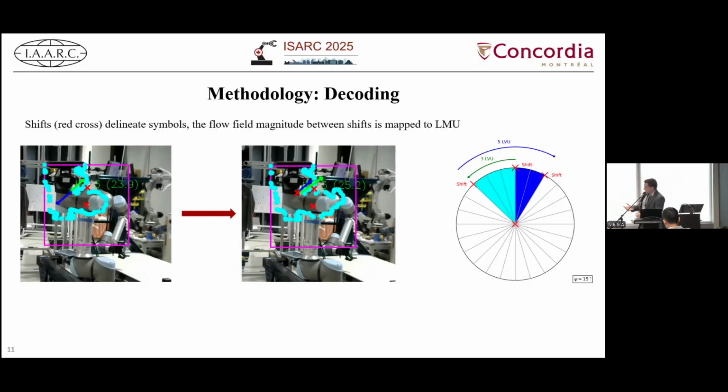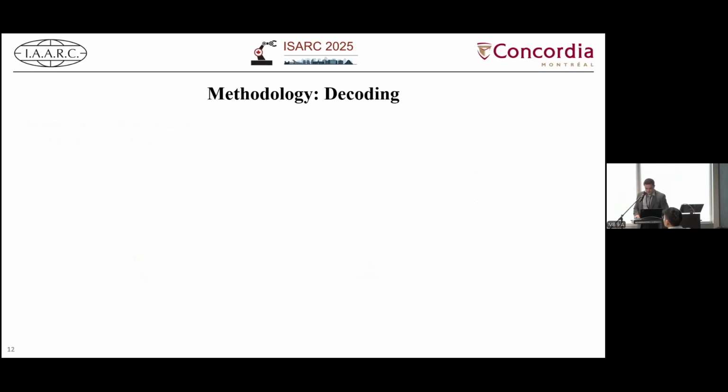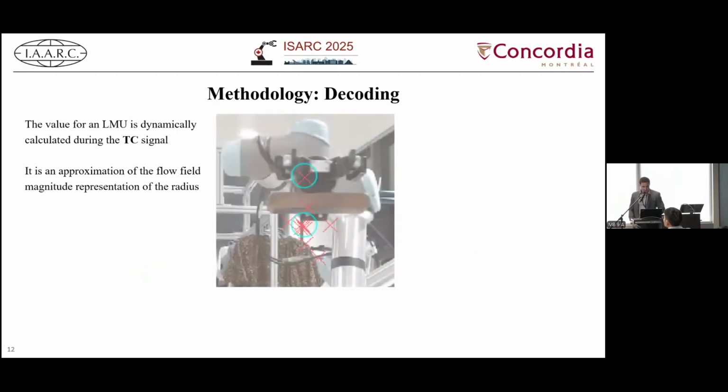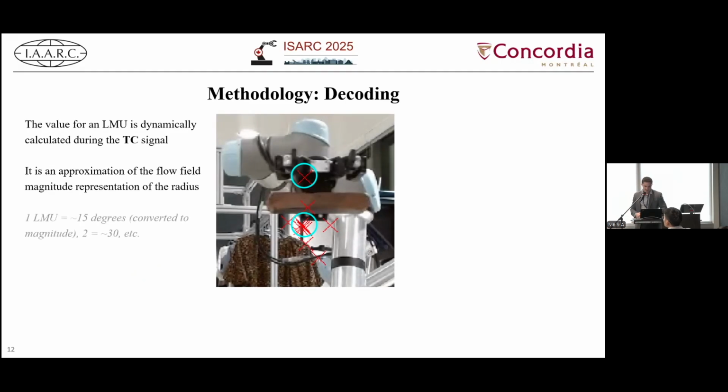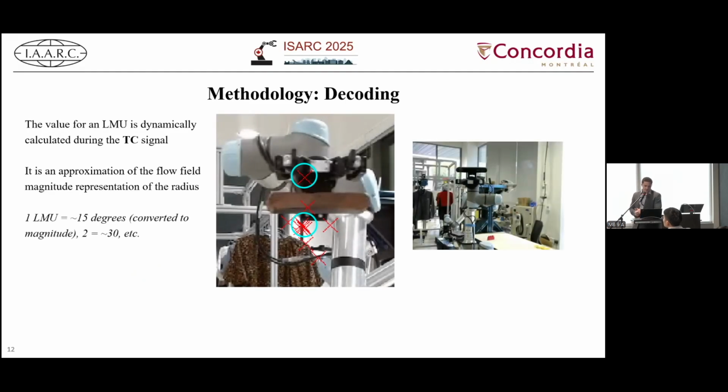So 3 LMU would be equivalent to 45 degrees. And the arm can oscillate back and forth, and that consists of your signal.